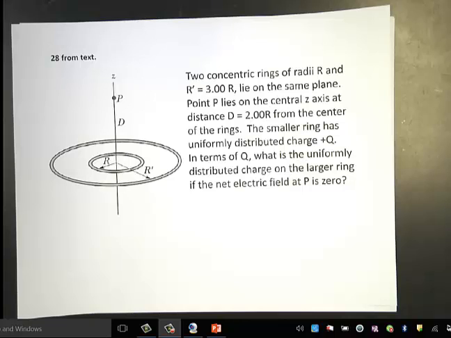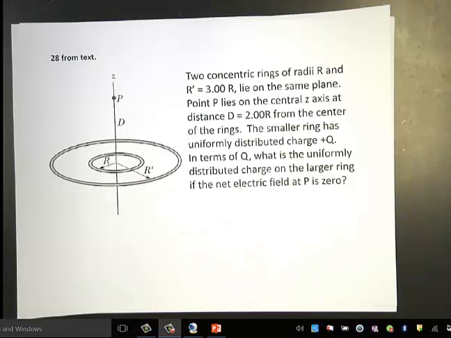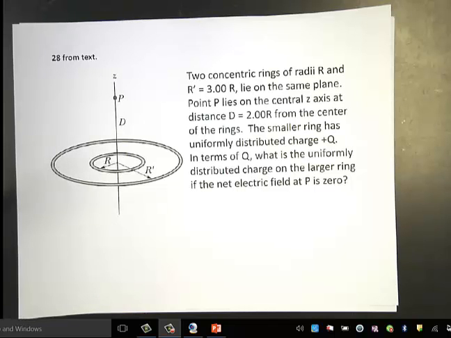Okay, we've got two concentric rings of radius big R and radius big R prime, just to make them look different. Big R prime is 3 times the size of the smaller radius. Point P lies a distance d, so notice they're using d instead of z, a distance of 2R away from the center of the rings.